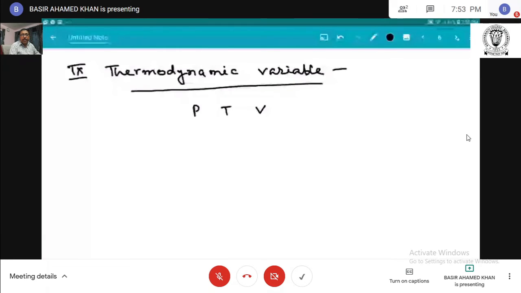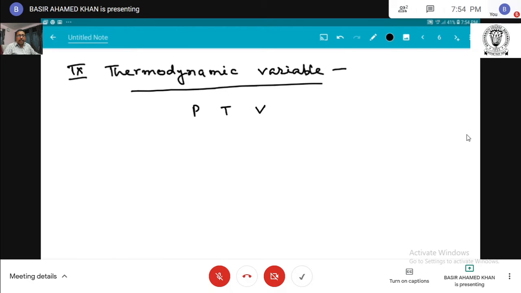There is no time dependency on pressure, temperature or volume, because we describe a system which is in thermodynamic equilibrium condition. Therefore, these variables are time independent.